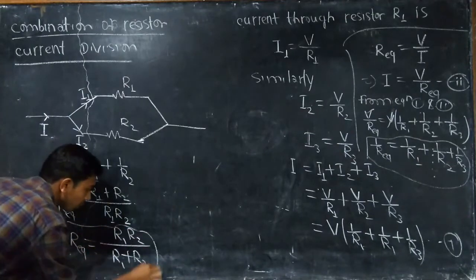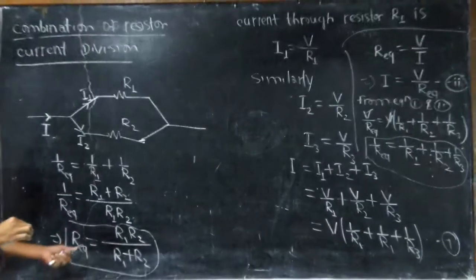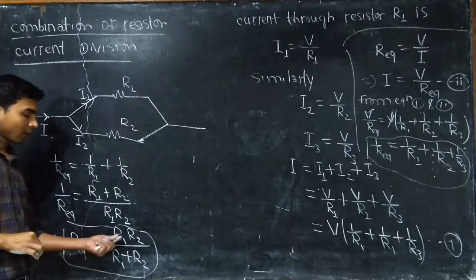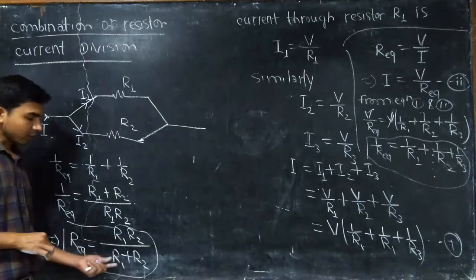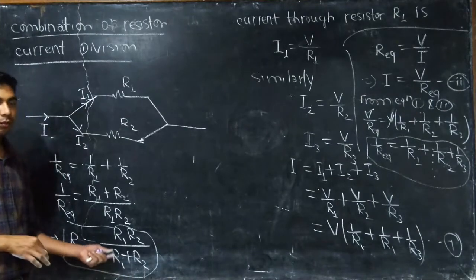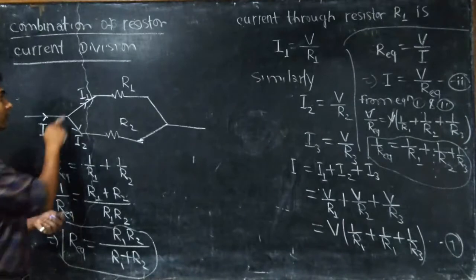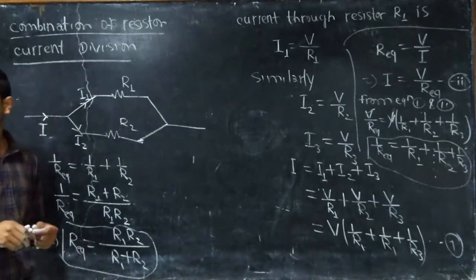So this is one formula for 2 resistors connected in parallel. Just multiply R1 and R2 and divide by R1 plus R2, then you will get the answer, right? But in this question we are going to find the value of I1 as well as I2.